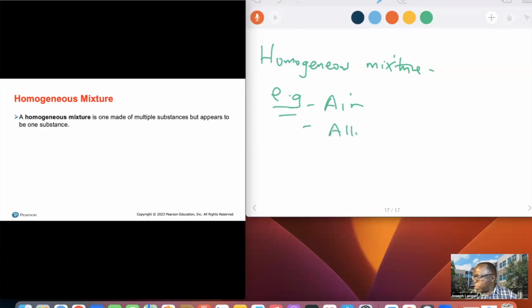Alloy, know what an alloy is? It's a mixture of two metals, but they do not form a chemical bond. It's just blending into one another. Alloys, for example, brass, all right? Steel, for example, those are alloys.